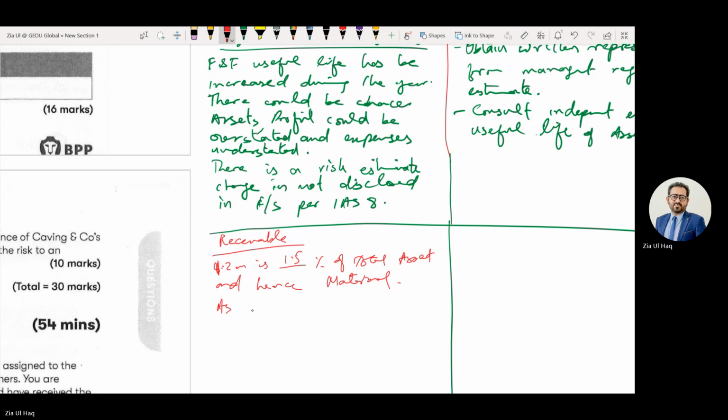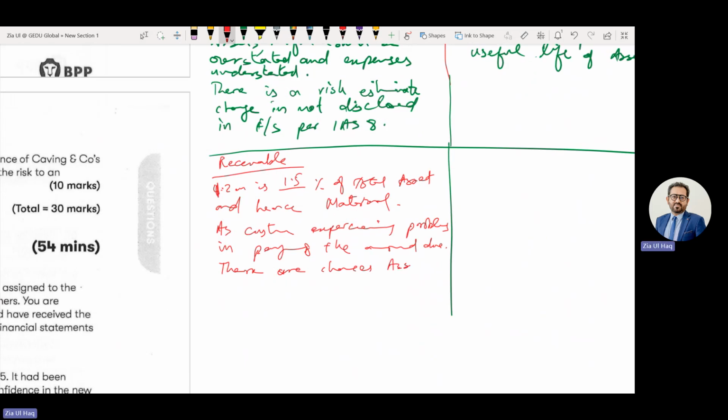So as the customer is experiencing problems in paying the amount due, there are chances assets and profit could be overstated and expenses understated.